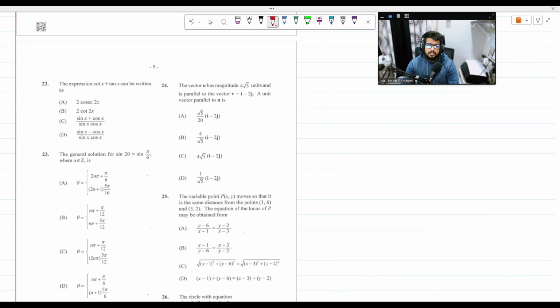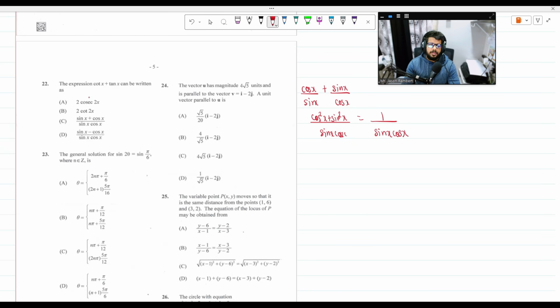The expression cot x plus tan x can be written as... so cot x is going to be cos x over sin x plus sin x over cos x. We get cos squared x plus sin squared x over sin x cos x, which is 1 over sin x cos x.